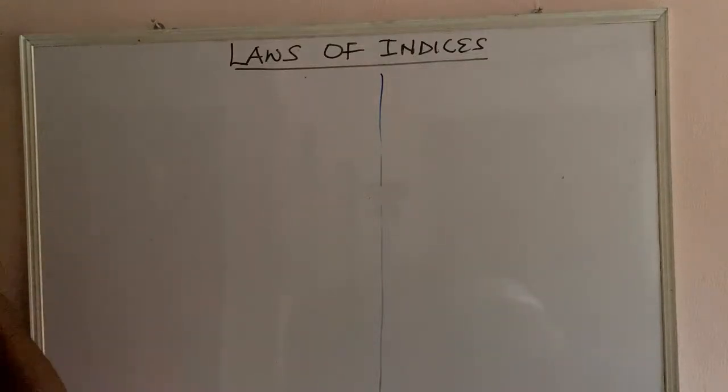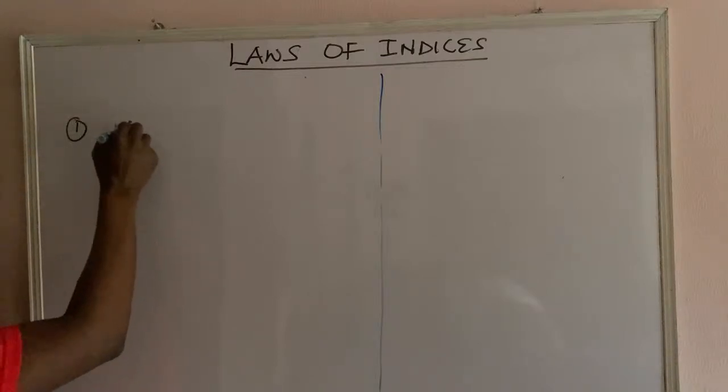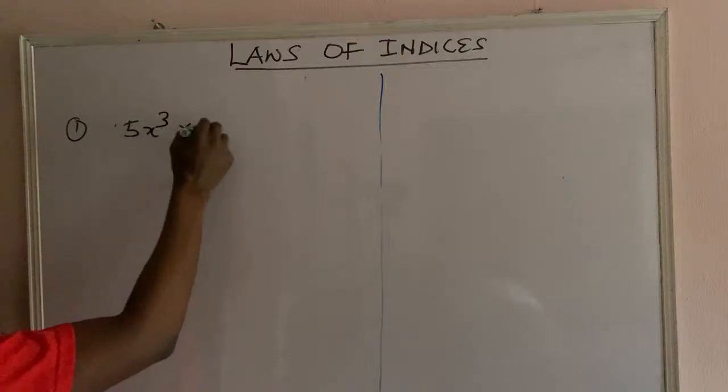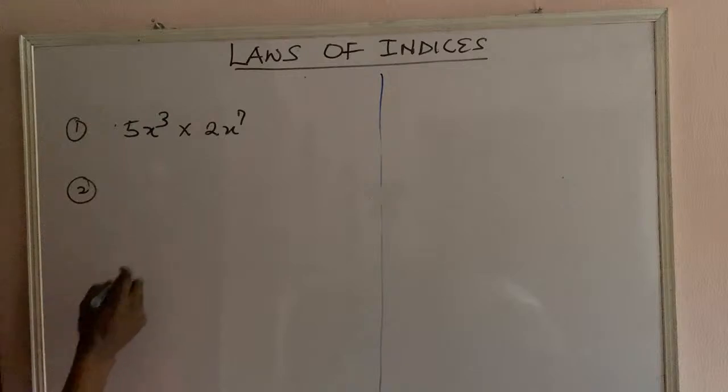Okay, let's presume we have 5x^3 times 2x^7. So I want you to do that and give me the answer quickly.